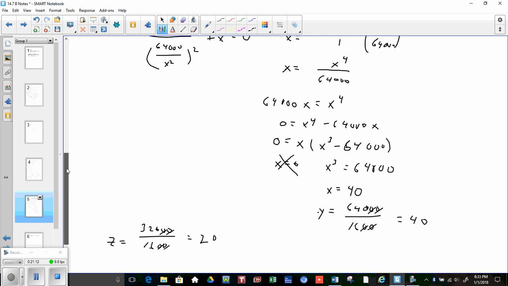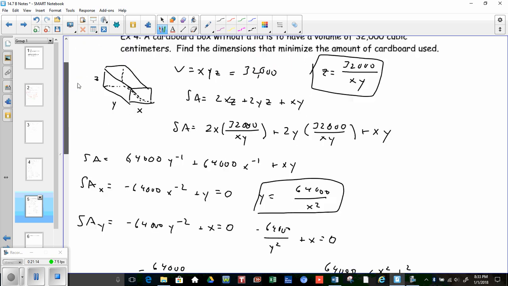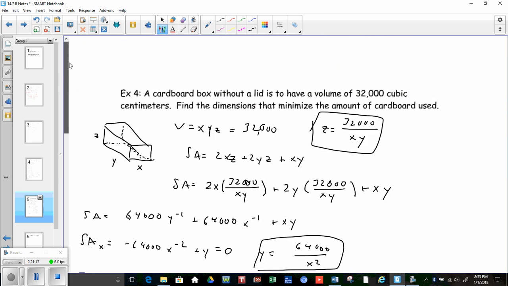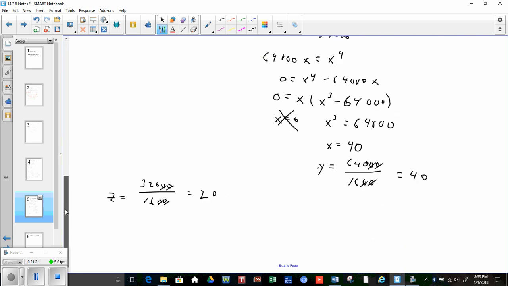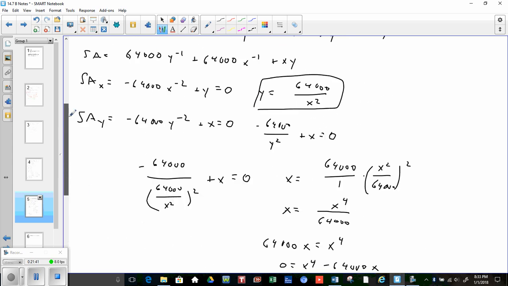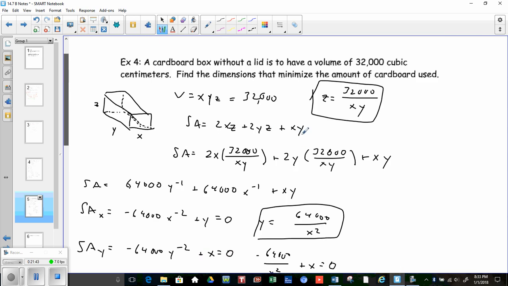So let's make sure we answer the question. We want to find the dimensions that minimize the cardboard used. So the dimensions, in this case, are going to be 40 by 40 by 20. And it is kind of important that we know that this 40 by 40 are our x and our y. That's the base. The reason that we know that is because the base was only used up here one time, and that's our x and y value here.